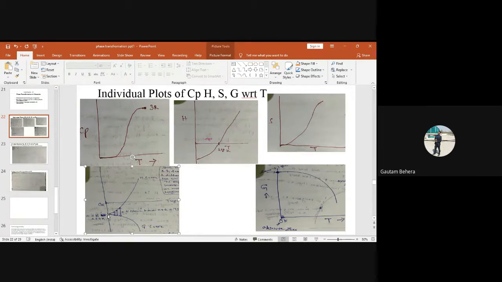This is the curve of free energy. Free energy is decreasing with increasing temperature, but enthalpy is increasing with increasing temperature. So you have to remember, Cp value increases with increasing temperature. Enthalpy increases with increasing temperature. Entropy increases with increasing temperature, but free energy decreases with increasing temperature. Is it okay for everybody now?